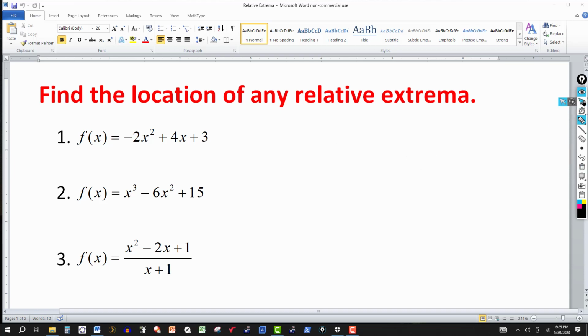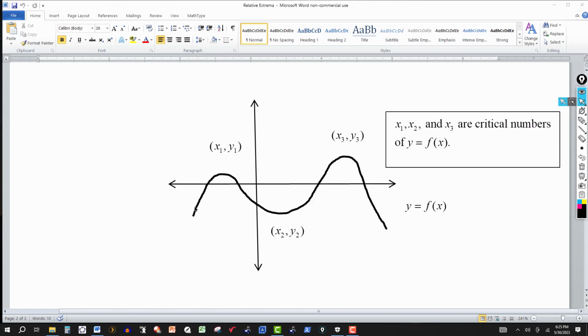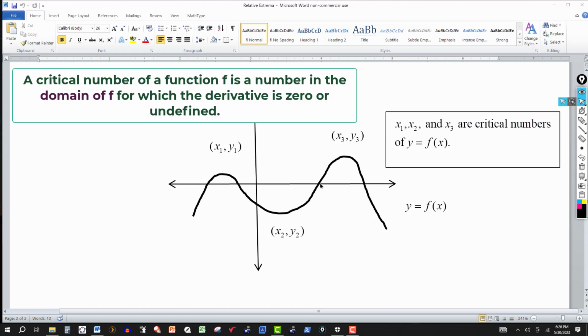Now if you have a polynomial, say right here, it goes up and comes down, then goes down and goes up, continues up, reaches a high point, and comes down. So here we have relative extrema. Where it peaks, at (x1, y1), you have a relative maximum: it reaches a high point and then turns. Then at (x2, y2) you have a minimum.